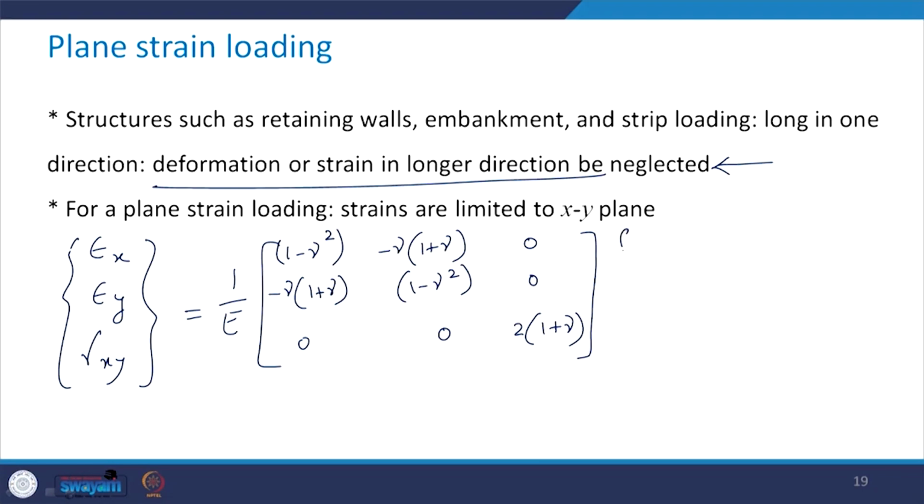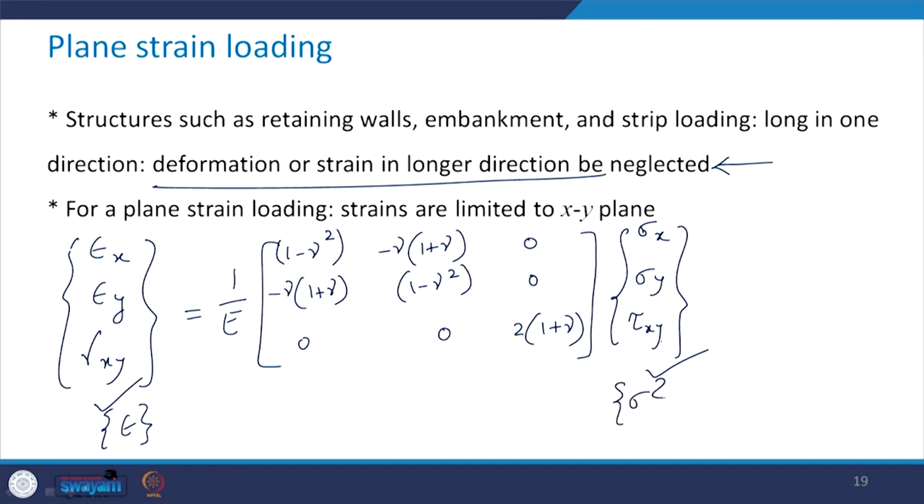And then you will have the stress vector, which is sigma x, sigma y and tau xy. So, this can be written as stress vector and this is the strain vector. Or like we did in the earlier case, stresses can also be represented in the form of strains.